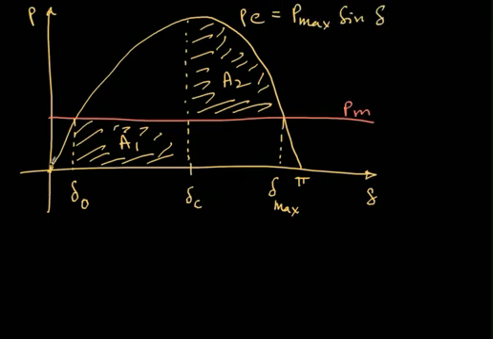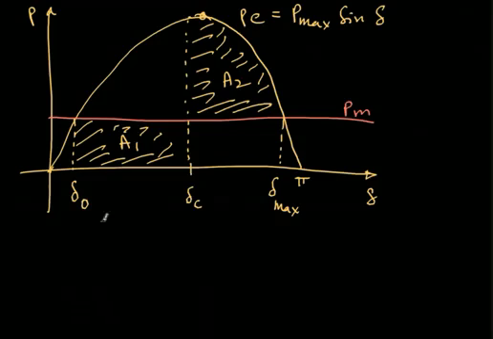The expression is P equals P max sine delta. It is just a sine, and the amplitude is P max somewhere here. It is not that difficult. We can do a simple derivation to find what this delta C is. So let's do that. What is A1?